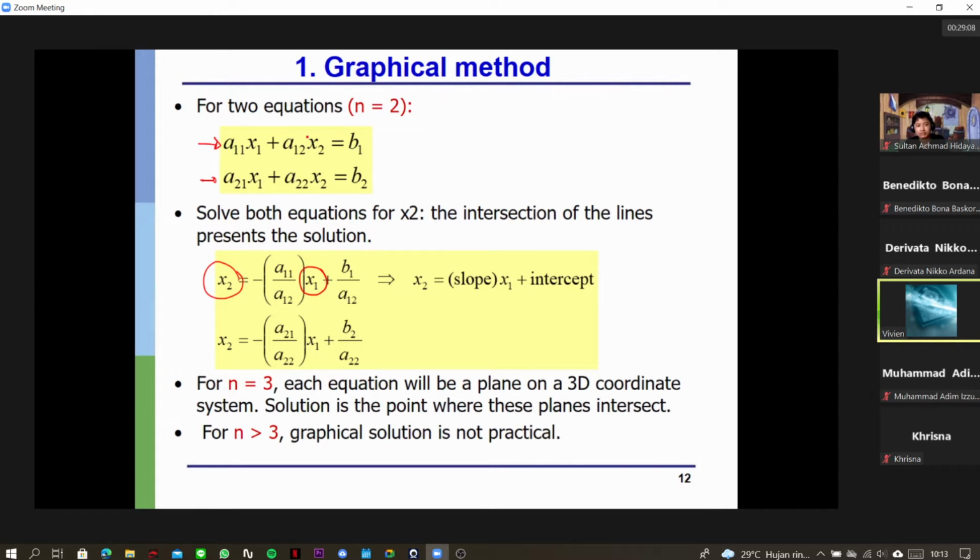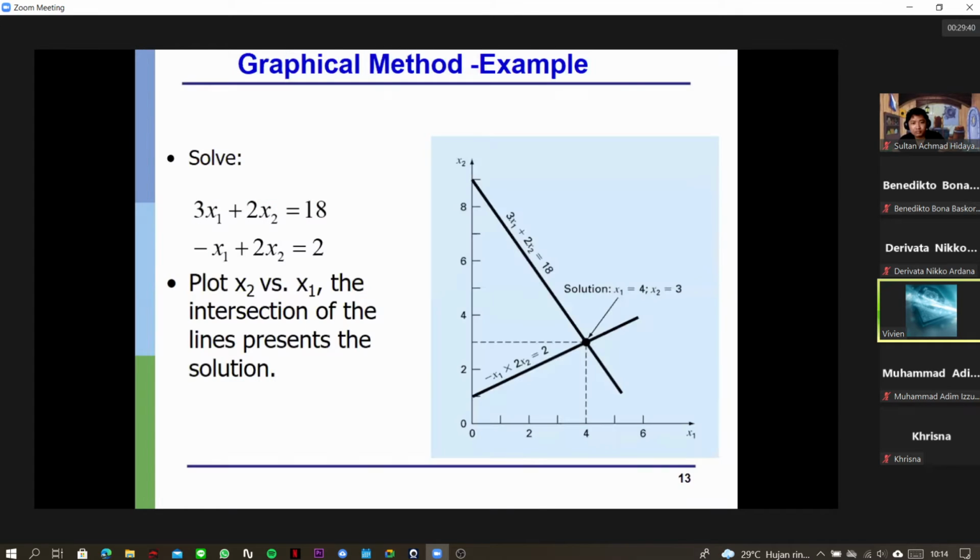Then we divide all of them by the coefficient of x2, which is A12. So x2 is a linear function of x1, equal to the slope times x1 plus the intercept. Again, for the second equation, we also reconstruct it so that we have a similar linear line, and we can draw it like this.